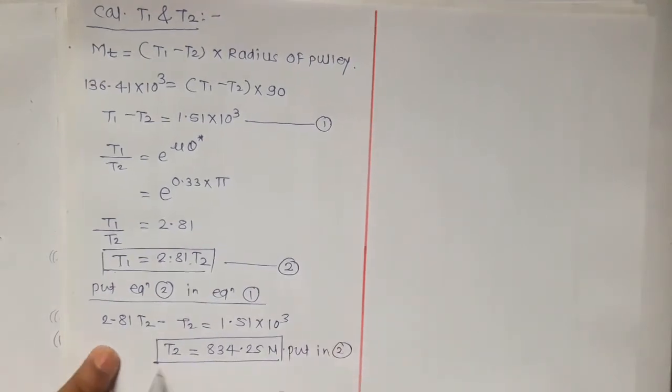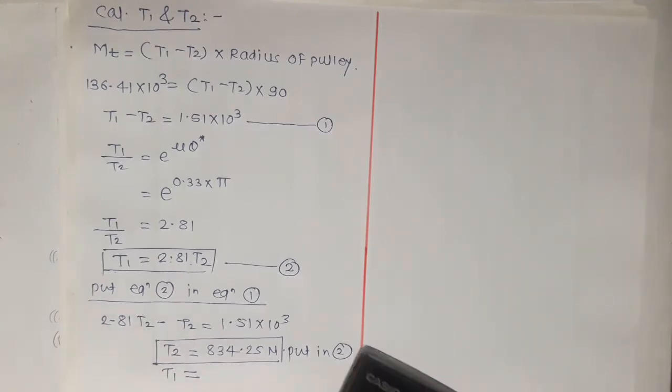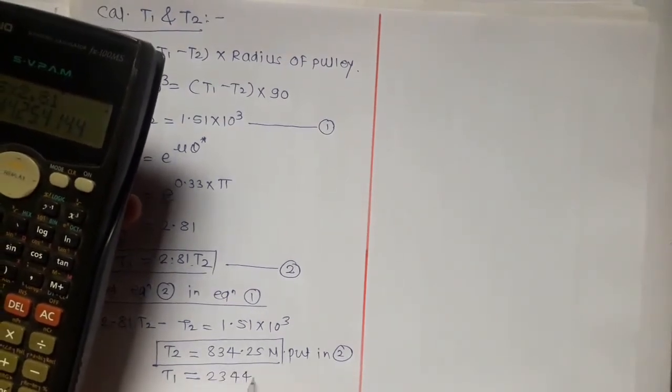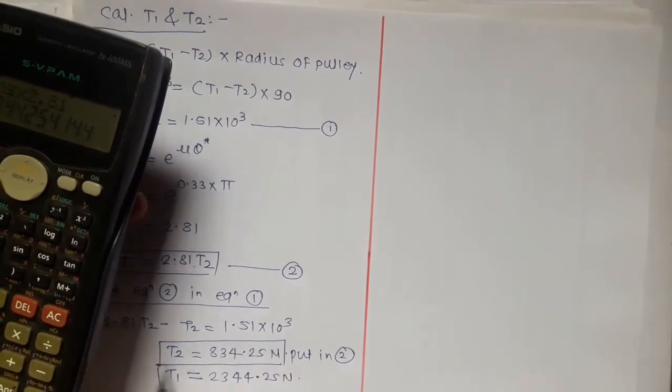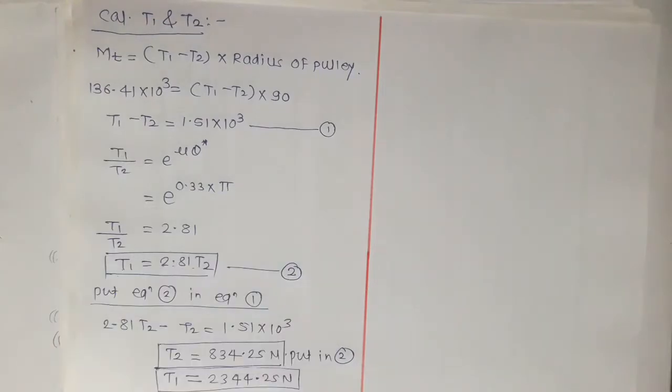So we will get the value of T1 as 2344.25 Newton. So this is the value of T1 and T2.